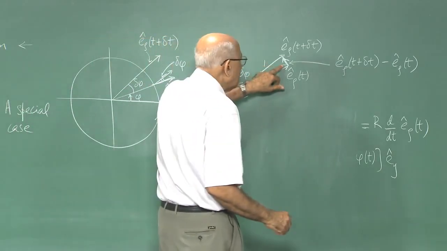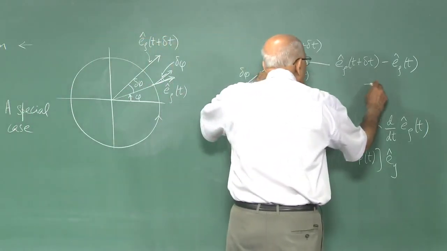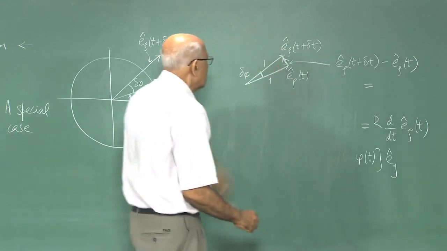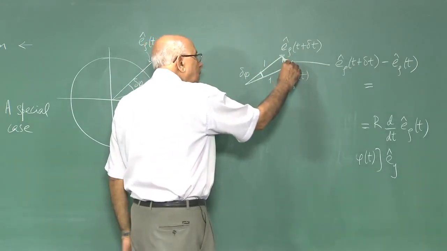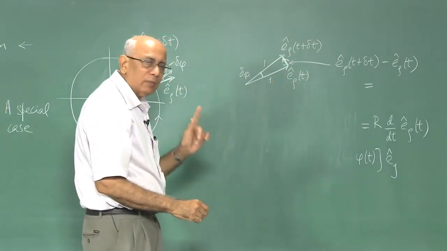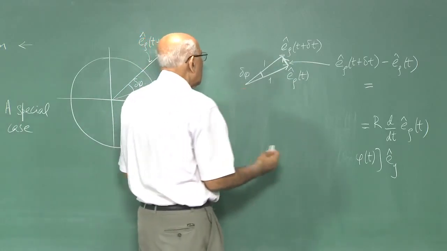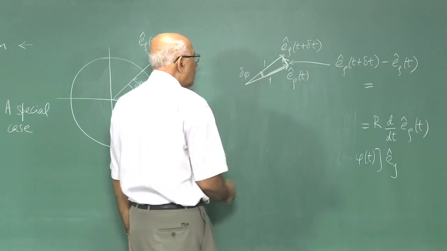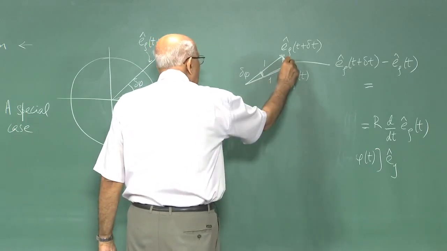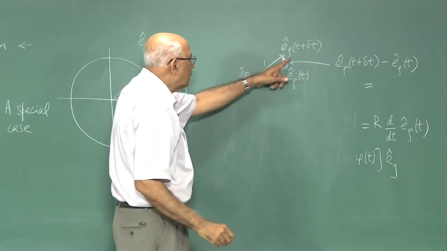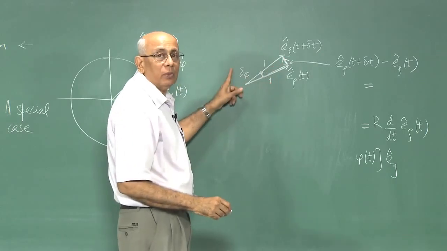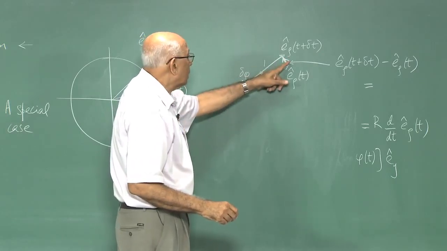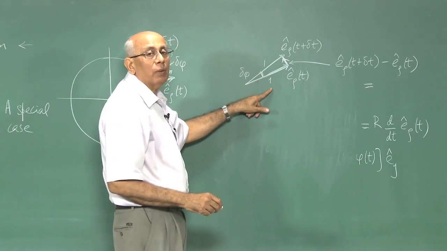So once we have that in place, this quantity is equal to the length of this arc or this infinitesimal vector, which is equal to what? There is an angle delta phi and there is a base or radius 1. So the magnitude of this arc divided by the radius is equal to delta phi, therefore the arc is equal to delta phi multiplied by 1.